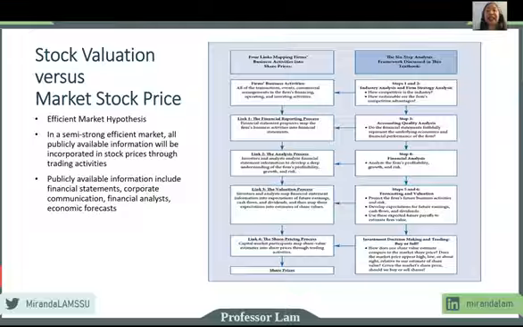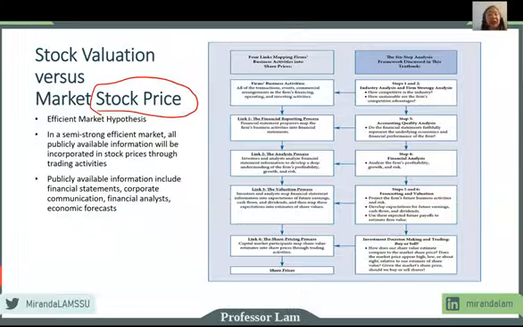So that has to do with something called the efficient market hypothesis. If the market is efficient, then the stock price should correctly reflect all available information. And if we assume that the market is efficient, then the stock market price is always correct, and if our valuation does not match the stock price, then we are in the wrong.